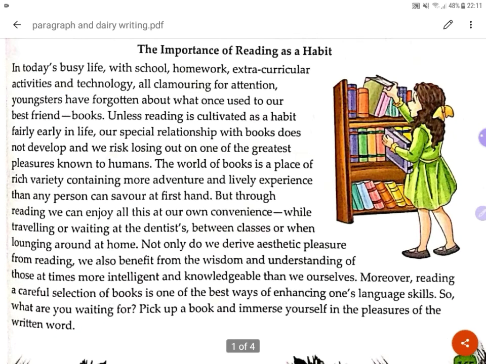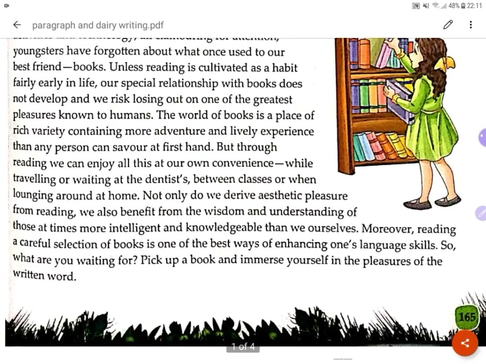Not only do we derive aesthetic pleasure from reading, we also benefit from the wisdom and understanding of those at times more intelligent and knowledgeable than we ourselves. Moreover, reading a careful selection of books is one of the best ways of enhancing one's language skills. So, what are you waiting for? Pick up a book and immerse yourself in the pleasures of the written word.